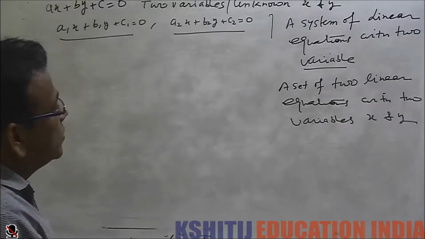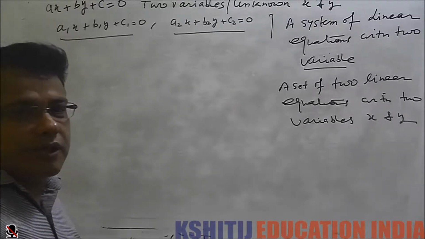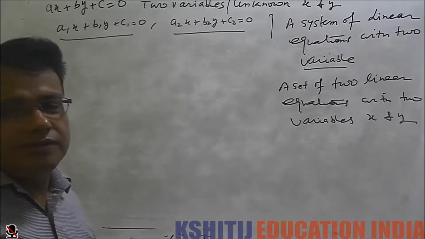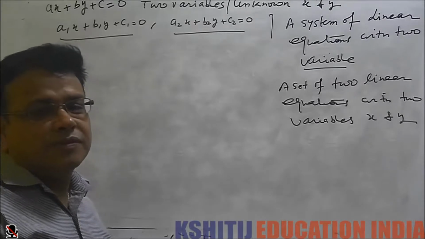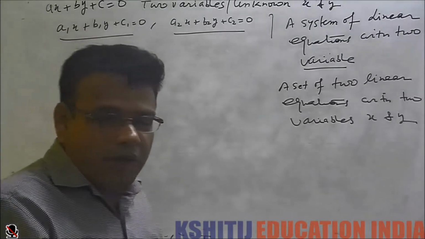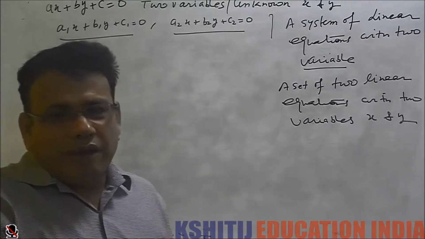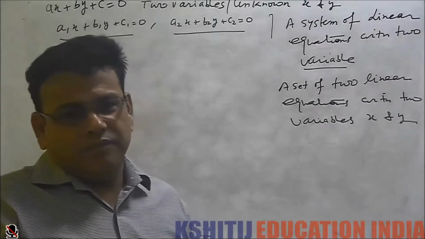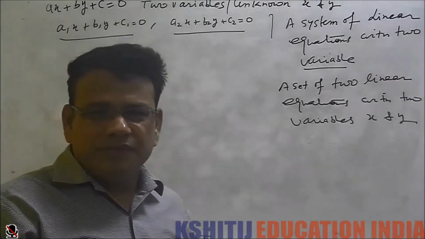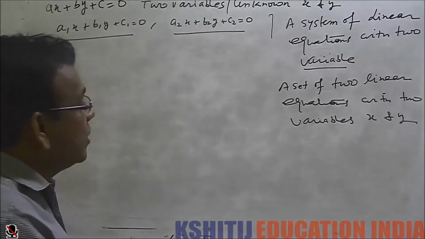Now there are certain conditions. Sometimes you would see that this can't be solved. Like in polynomials, we said that a quadratic polynomial may have zero solutions. So here also it can't be solved. Equations are given in such a way that it can't be solved.